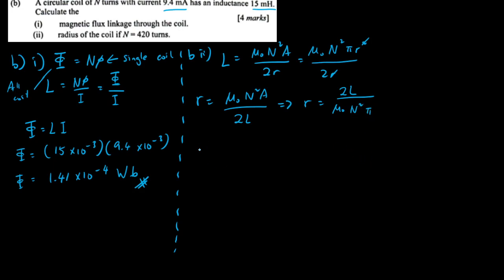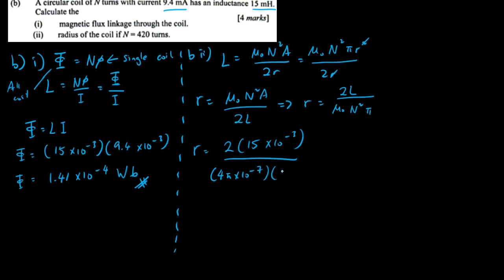Okay, so I can substitute the values in, so I can have R equals 2 times 15 times 10 to the power of -3. Why do I have 10 to the power of -3? Because the inductance is 15 millihenry, and I have mu naught, which is just the permeability, that is going to be 4 pi times 10 to the power of -7.